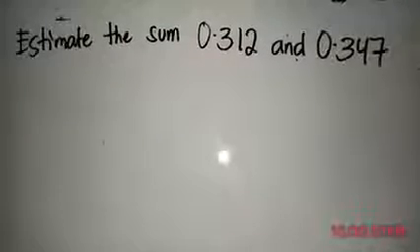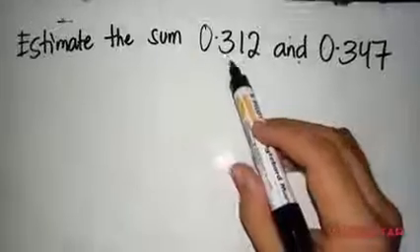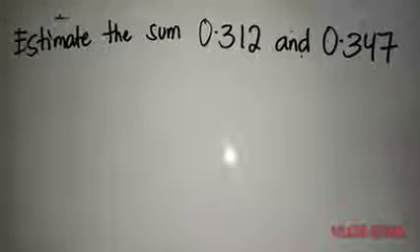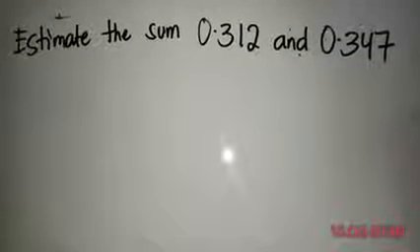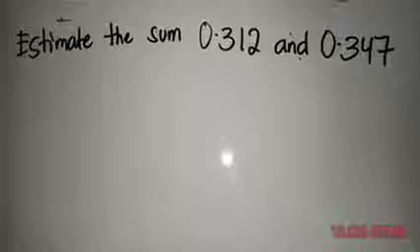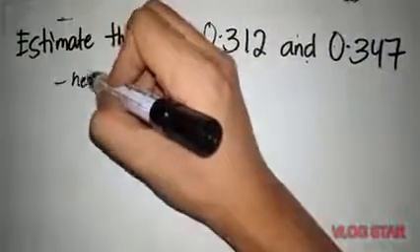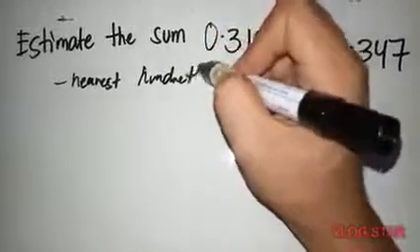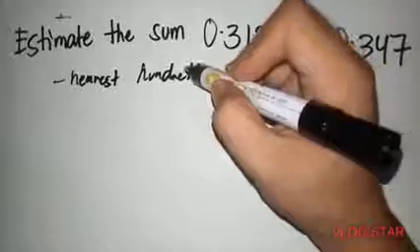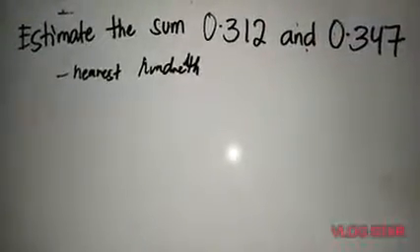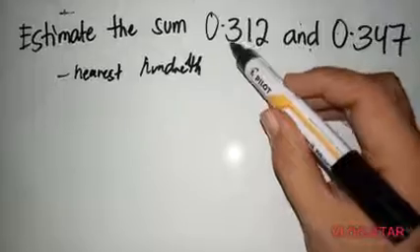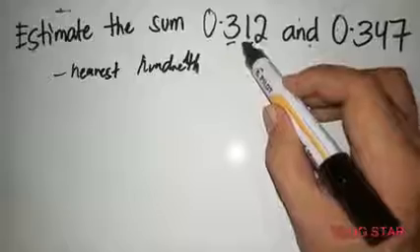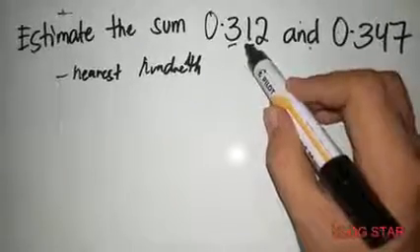So next example, estimate the sum of 0.312 and 0.347. So in this case, let's round it to the nearest hundred. Okay, then let's round. So since this is tens, hundreds, this will be the digit that we're going to round.